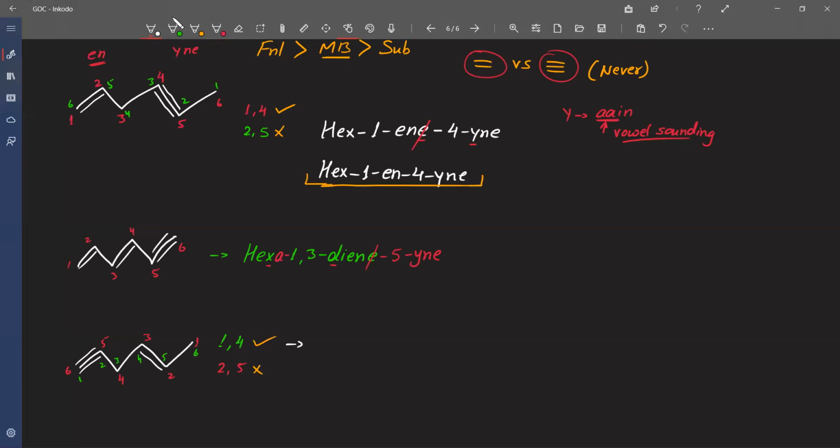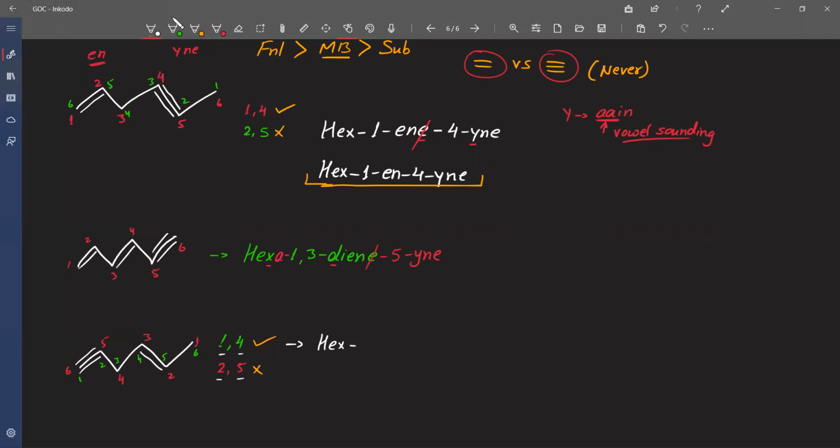1, 2, 3, 4, 5, 6. Hex. Not hexa, just hex. Hex-3-en, there is no 1, 3.